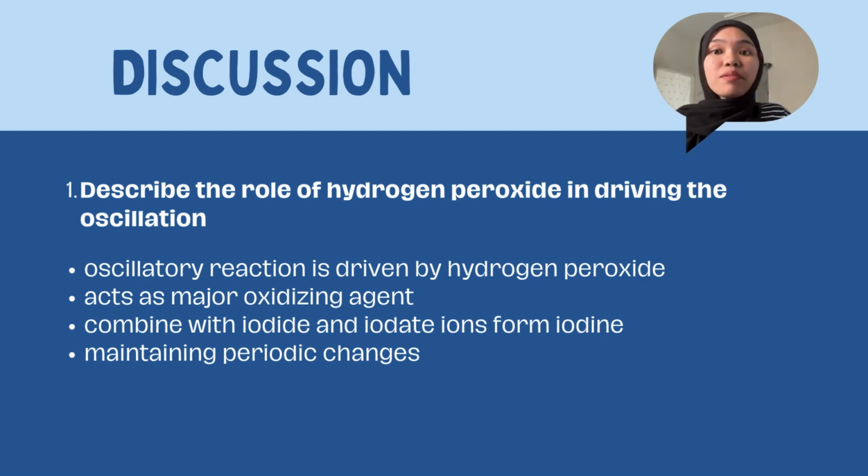The continuous supply of hydrogen peroxide ensures that iodine is generated periodically, driving the feedback loops that sustain the oscillation cycle. Without hydrogen peroxide, the reaction would stop as the oxidizing power needed to regenerate the iodine is lost.